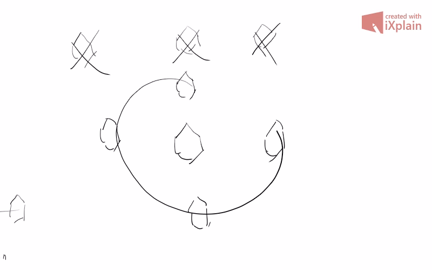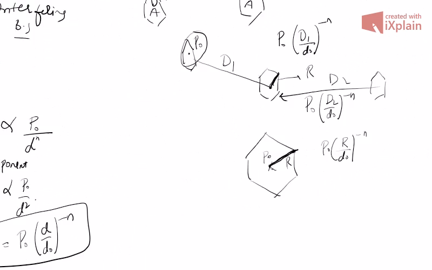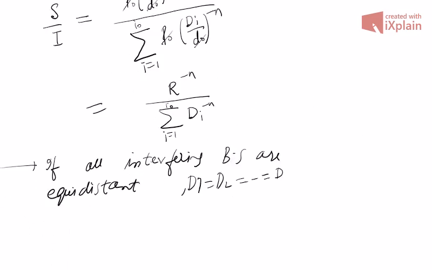First layer means this: suppose this is the base station and these are the equidistant base stations. There may be second layer base stations also, but their signal will be weak because they are farther away, so we will discard them. We will only take the first layer interfering base stations. That is why we can assume that the distance is the same.